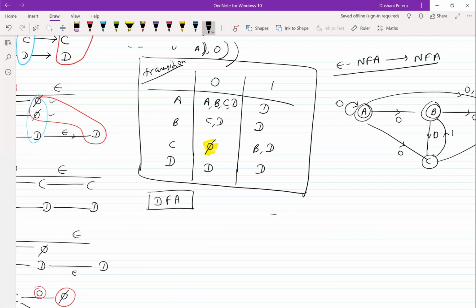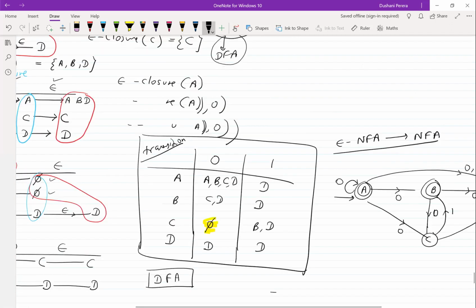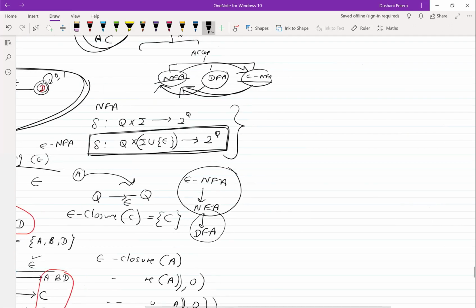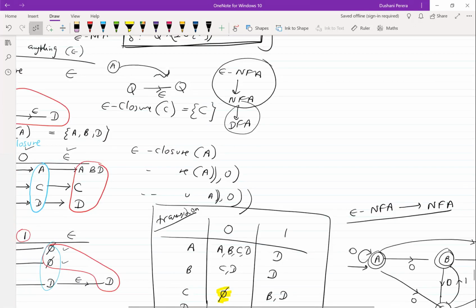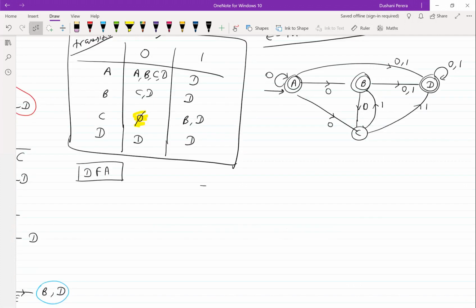What is the initial state of this NFA? The initial state was A. So when I do the DFA, I first have to choose the epsilon closure of the initial state, right? That becomes the initial state of my DFA.